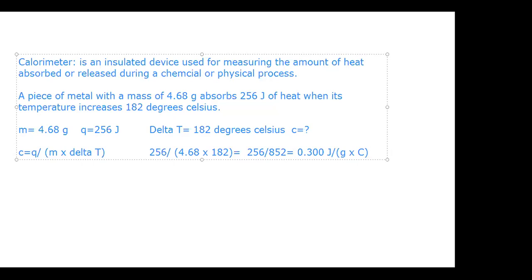Now, for the three of you who don't have a book, you'll have two problems that'll be like this, so you'll just have to look up the specific heat of metals. But for everybody else, if you flip back to page 520 in your book, you can look at table 2.